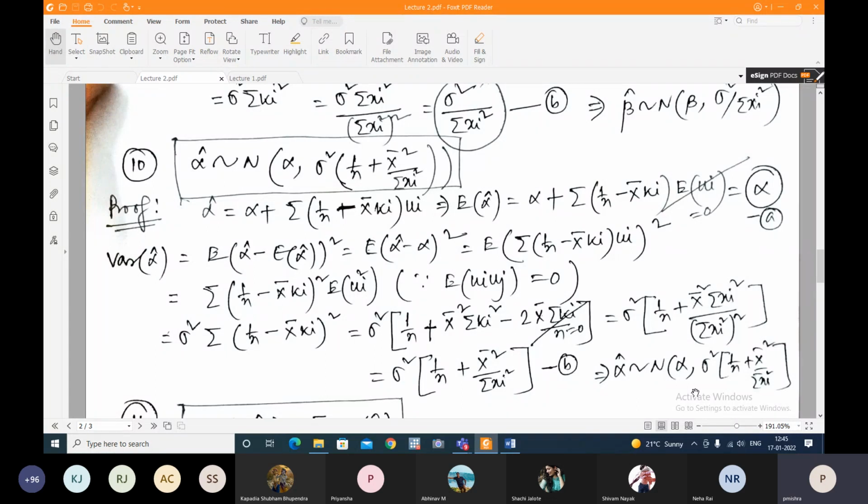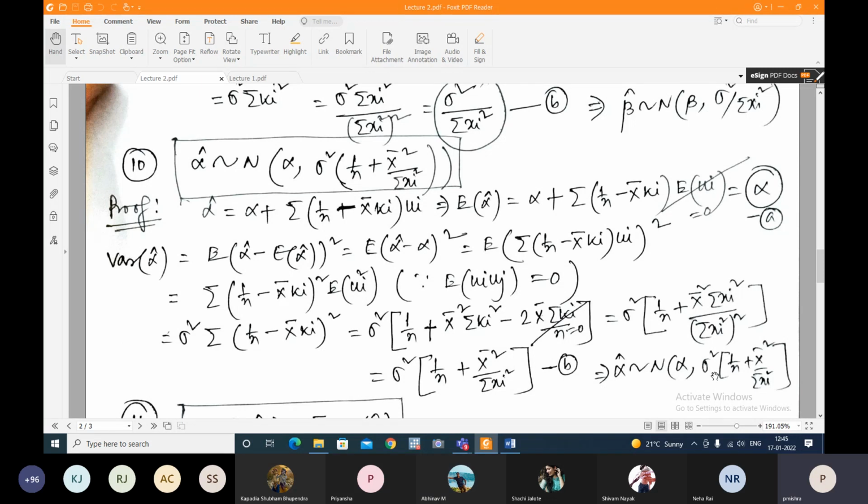We don't know sigma square also, isn't it? Do we know sigma square? We don't know. What is sigma square? Variance of ui.